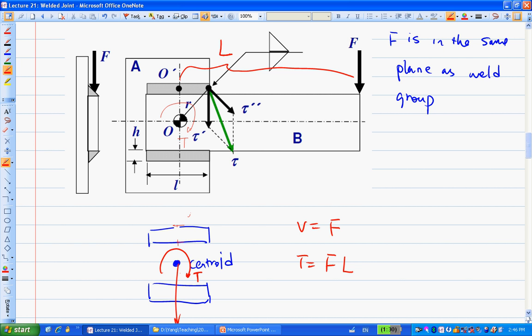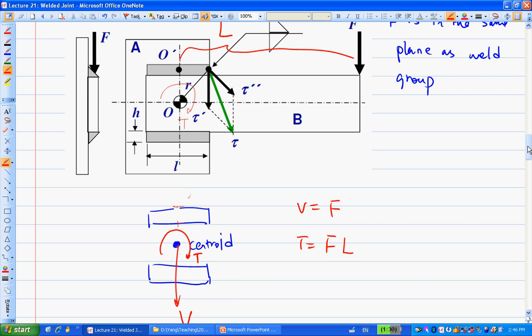Once we have these two pieces of information, looking at the weld group, suppose the weld group is like this. Which location of this weld group is the most critical location? What you need to understand is the most critical location is basically where the shear stress is the biggest.